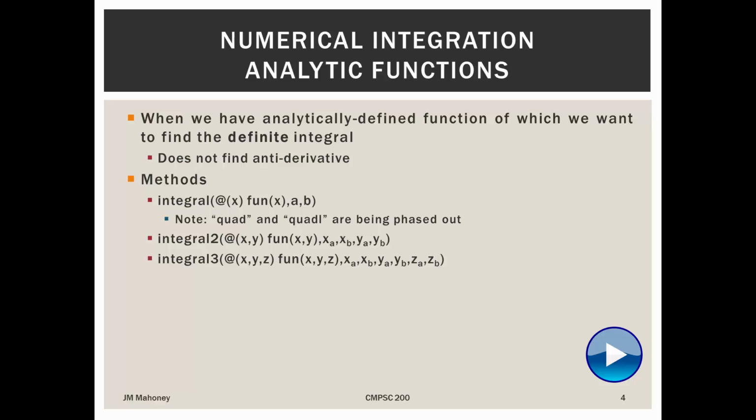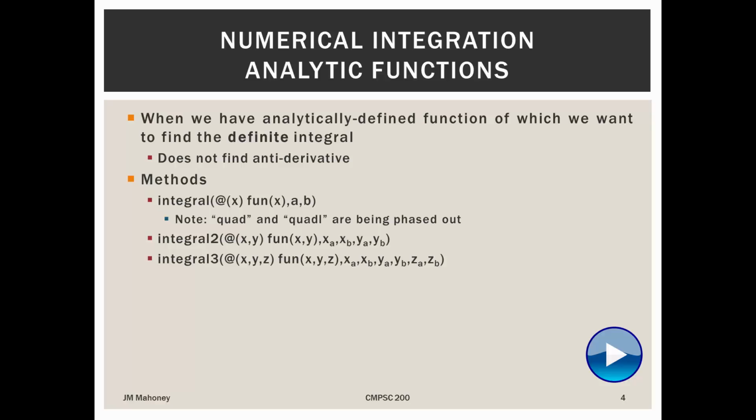Now we'll see how we use this in examples coming up, but this fun of x can be either an inline function, if it's something fairly straightforward, or it could be a separate M file that we can create that's going to give us some output. So in general, fun of x is just some function y of x. Then we have to give it its lower bound, a, and the upper bound of integration, b.